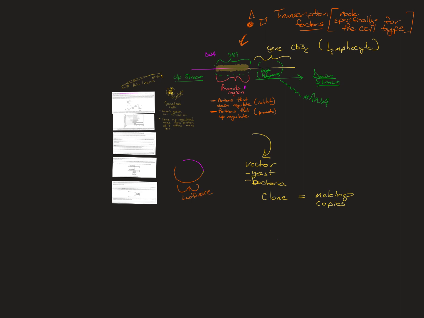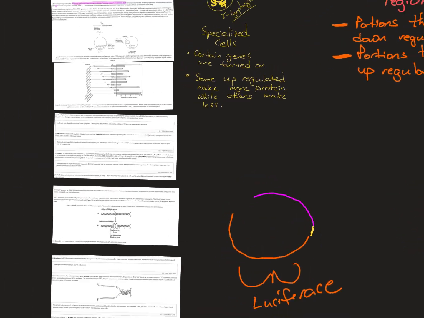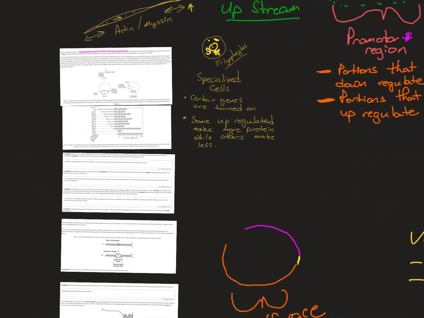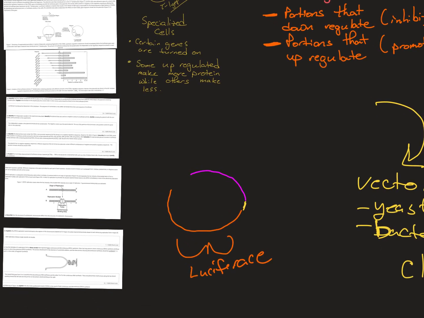So remember, what that means is that if I have a lot of luciferase, it's going to glow. If I don't have a lot of luciferase, it's not going to glow as much. So the more luciferase I make, the brighter the glow. It's bioluminescence. You know that. You've seen fireflies, I'm assuming. In fact, I'm pretty sure you have. And that's it. That's what they're going to do.